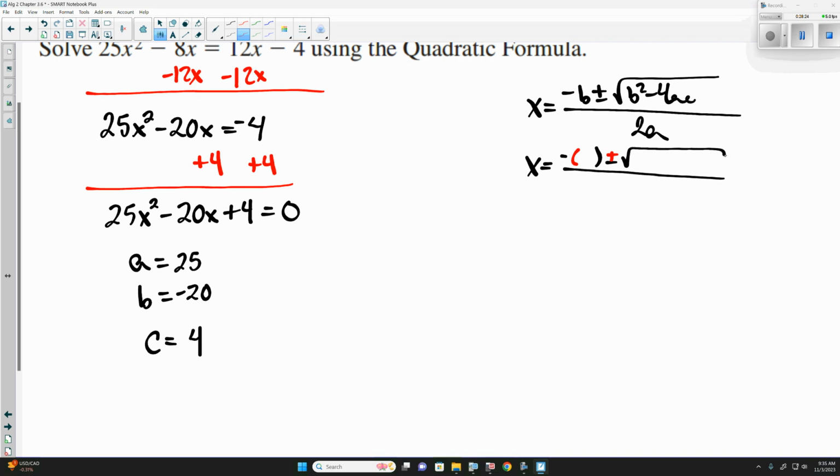X is equal to negative B. Well, B in our case is negative 20, plus or minus B squared, so negative 20 squared, minus 4 times A, which is 25 in our case, times C, which is 4. All over 2 times A, 2 times 25.